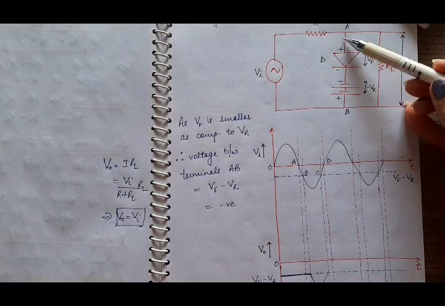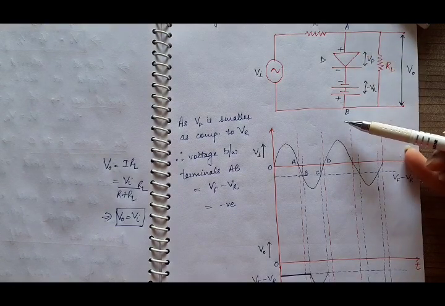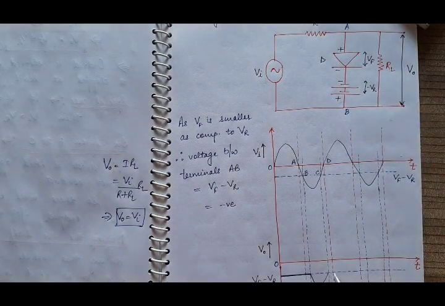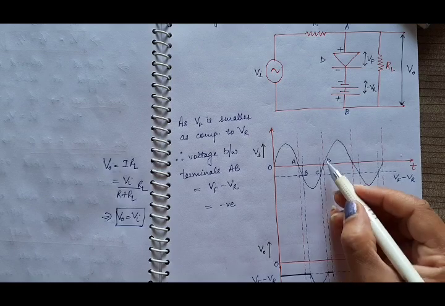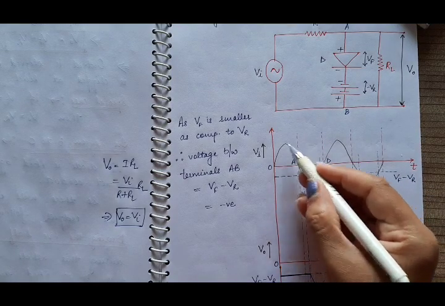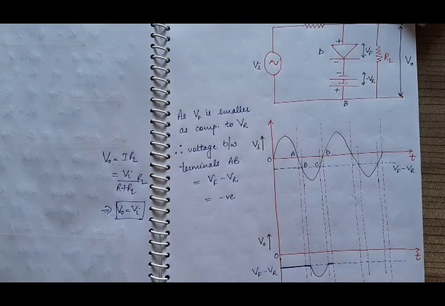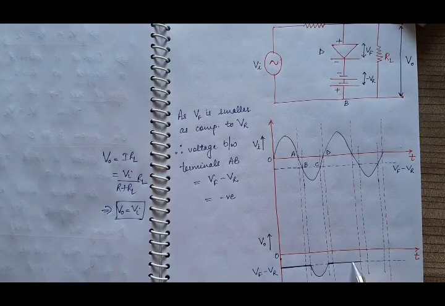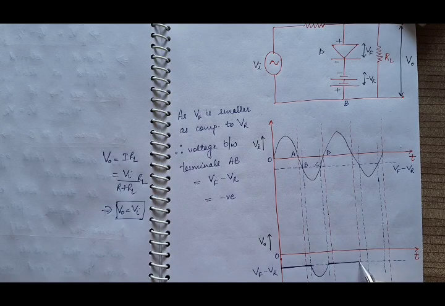So the voltage across terminals AB will again be constant, that is Vf minus Vr. So in region CD there is clipping, and then again there will be the same behavior of the circuit as in the previous positive half cycle, clipping at level Vf minus Vr.